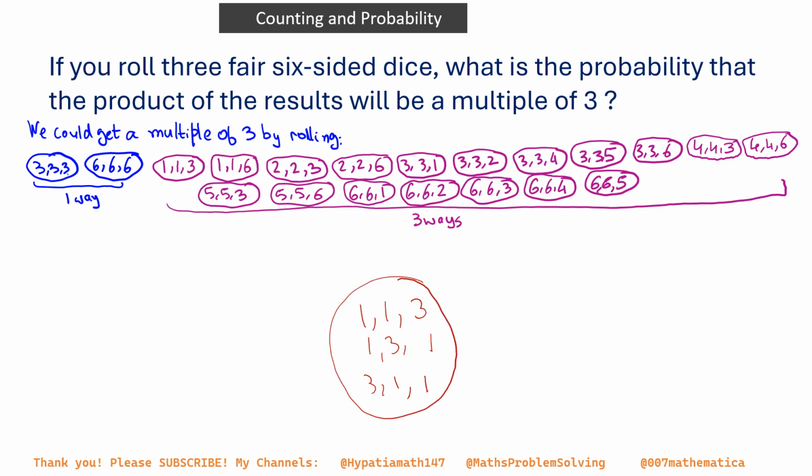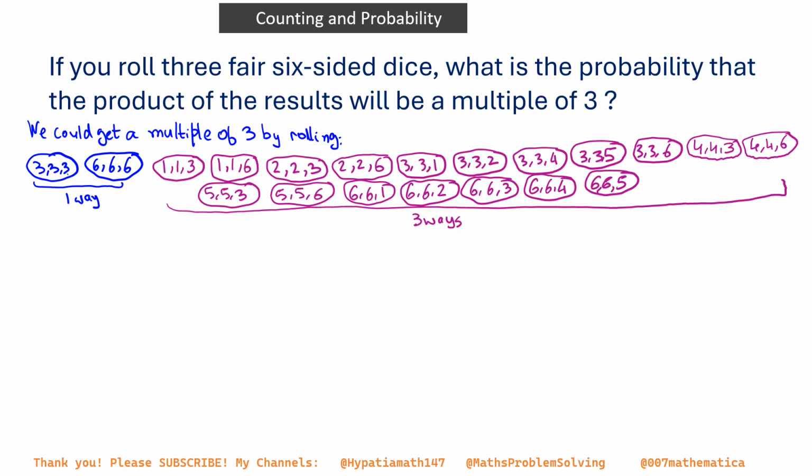So there are 3 ways you could have a 1, a 1 and a 3, a multiple of 3, right? So that's why I wrote this. So each of them leads to 3 possibilities. So it's 3 times 18 possibilities. Okay, so that's for the ones which you can do 3 ways.